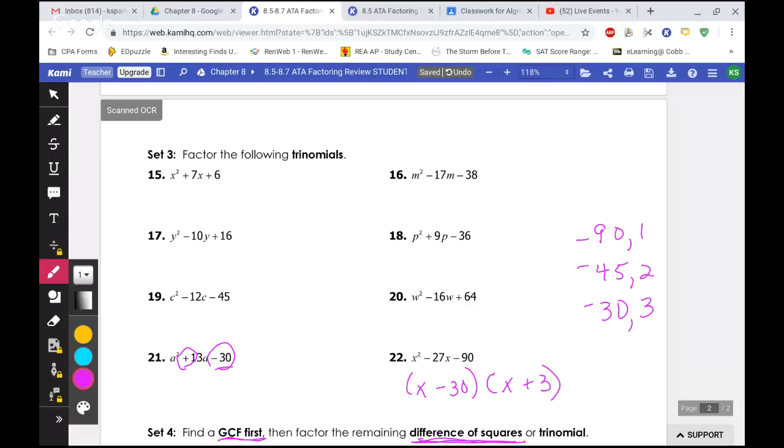So factors of 30. 30 and negative 1. 15 and negative 2. Oh, and I think that's it, because 15 minus 2 is 13. So I have my factors. A plus 15, A minus 2.